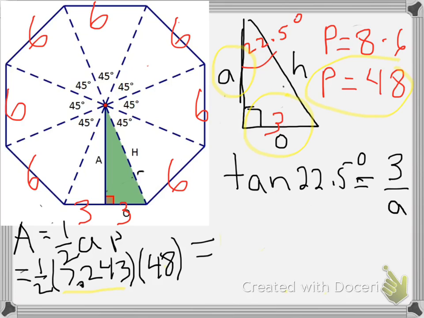And I get 173.8, and the units would be inches squared, since it was 6 inches long. So there's no fast way to do this problem when it's the first time you've seen it. You get better as you do it, so don't be discouraged. I know it took a long time to explain. There's a lot of steps.